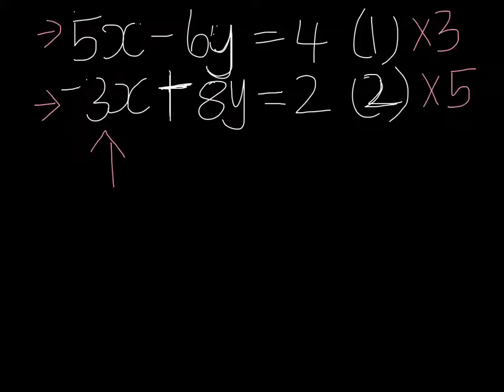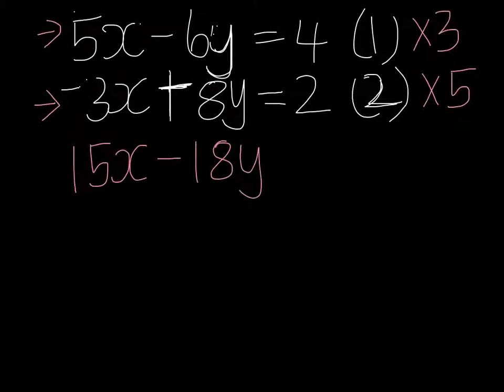So let's first do those multiplications. Our first equation is going to become 15x minus 18y equals 12. I'm going to call that equation 3 because we've kind of created a new equation.